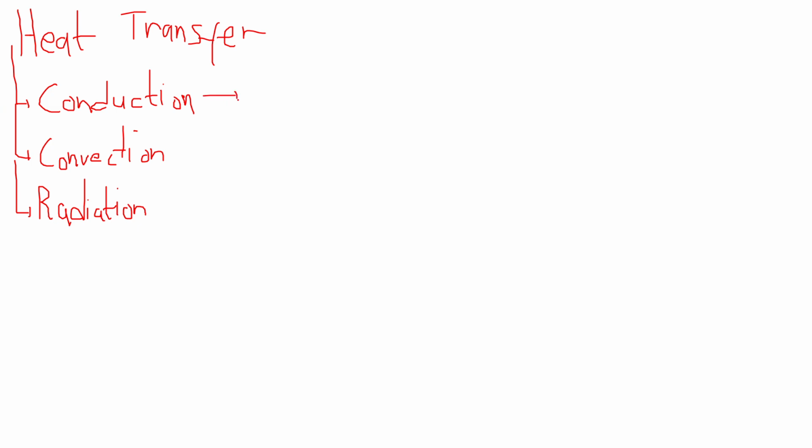Let's start with conduction. Conduction is basically heat transferred from contact. If you have two metal plates touching each other, plate A and plate B, the heat transfer is done by conduction, not convection, not radiation.